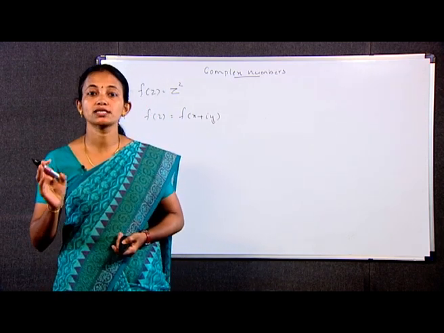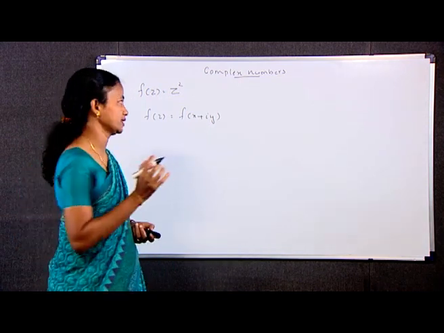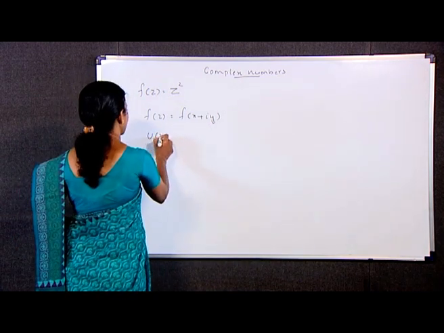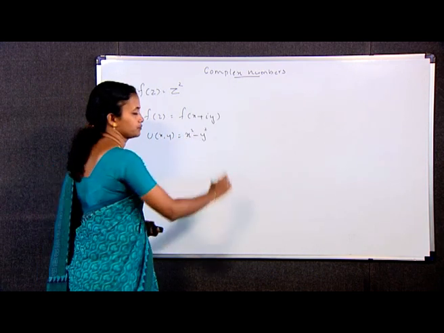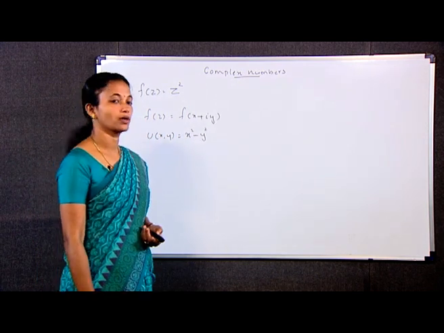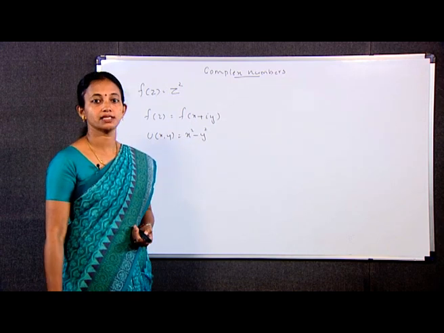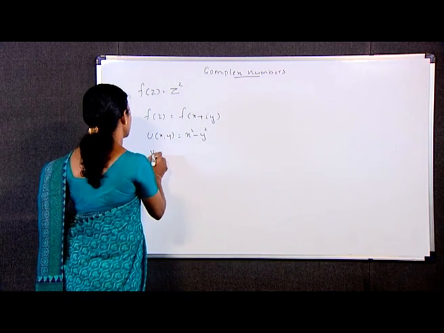Hence, here u(x,y) is equal to x square minus y square and v(x,y) is equal to 2xy.